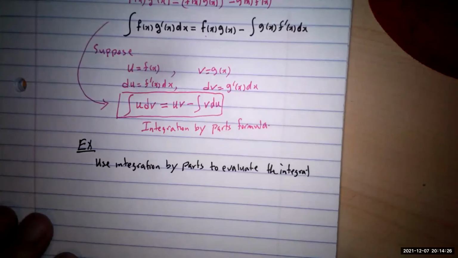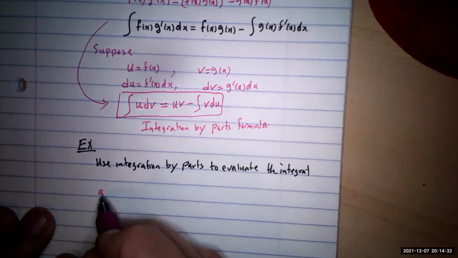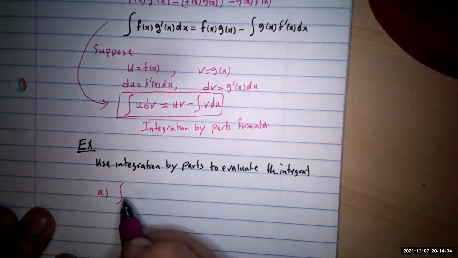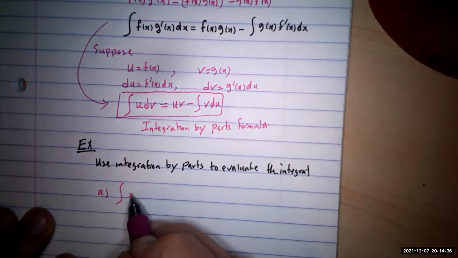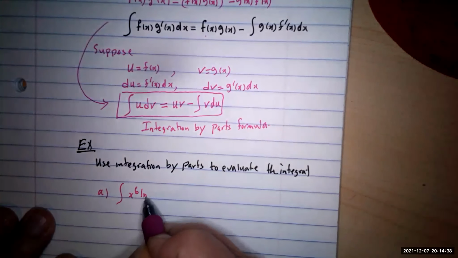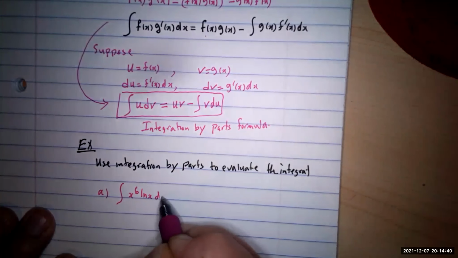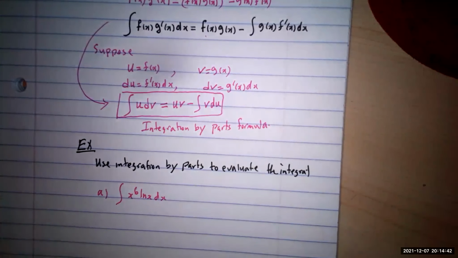That's it. So this is the one on the review. Part 1 is the integral of x to the 6 ln x dx. You are going to have x to the 6, x to the 5th, x cubed. It's a very typical problem for your case.